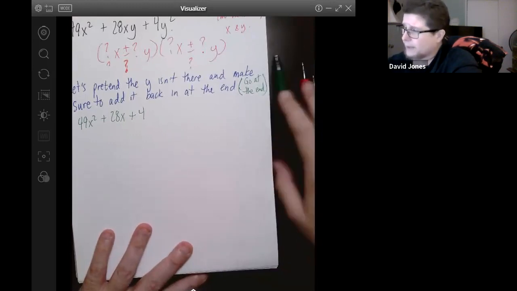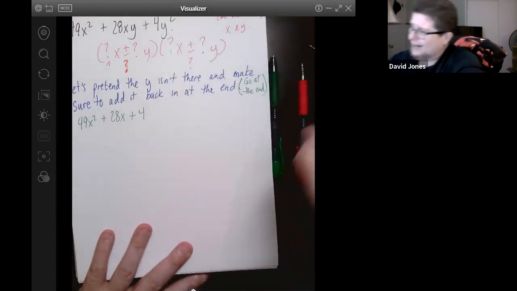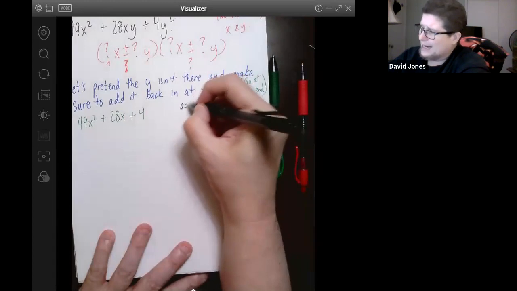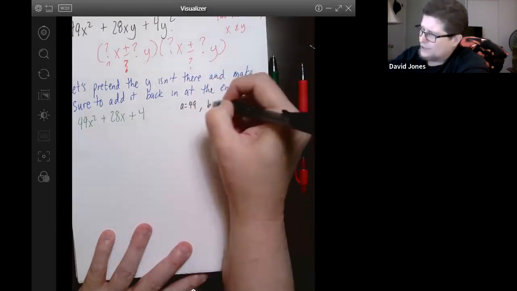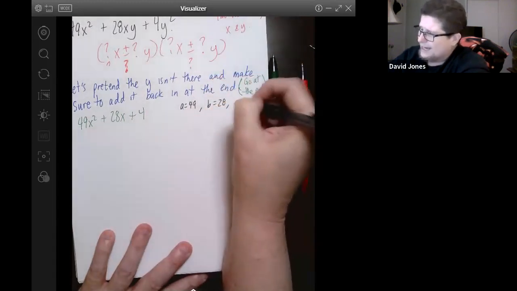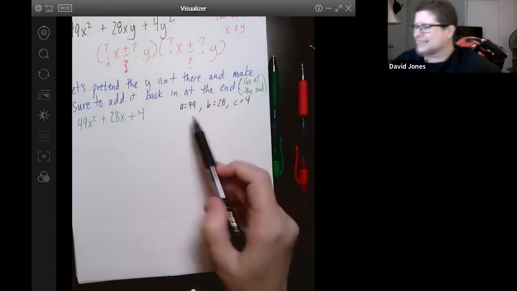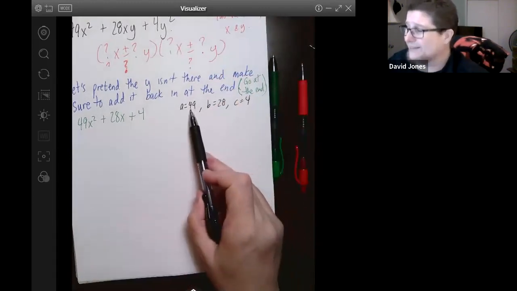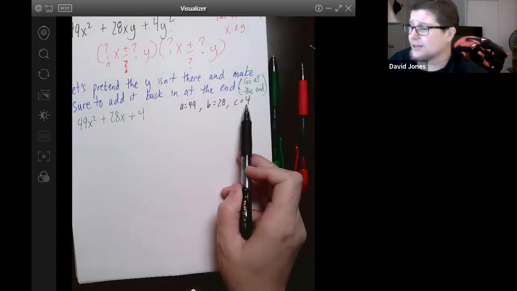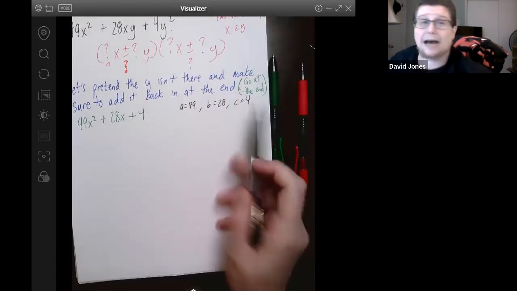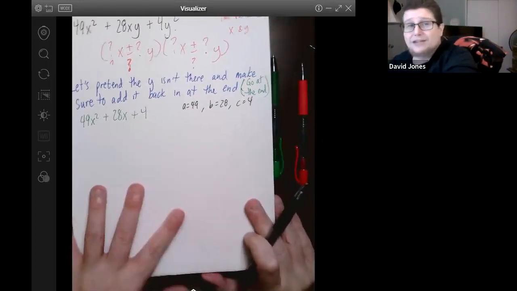So, what do we got here? We got A is 49, B is 28, C is 4. A is 49, which is 7 times 7. C is 2 times 2. They don't have any numbers in common. So there is not going to be a GCF.